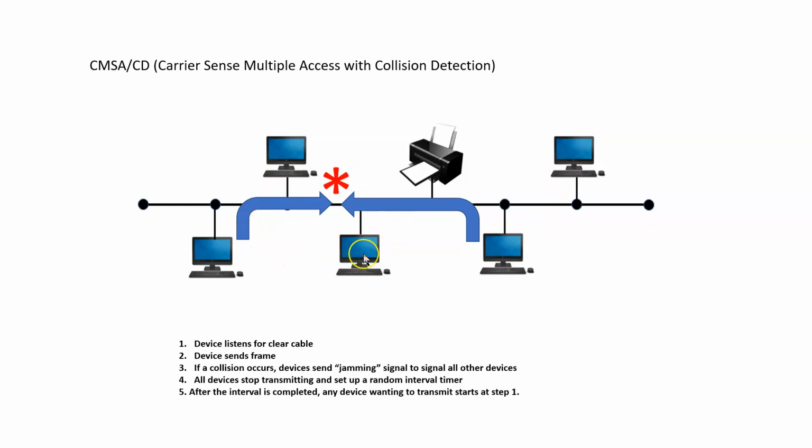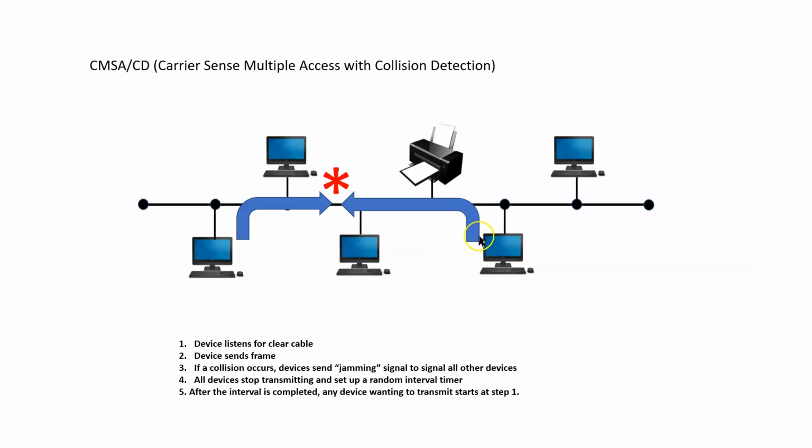So as each computer's random timer expires, if it wants to transmit, it will listen again, and if it's clear, of course, for whichever the first one is going to be clear because it's the first one, it will go ahead and send the message, and it all starts all over again.